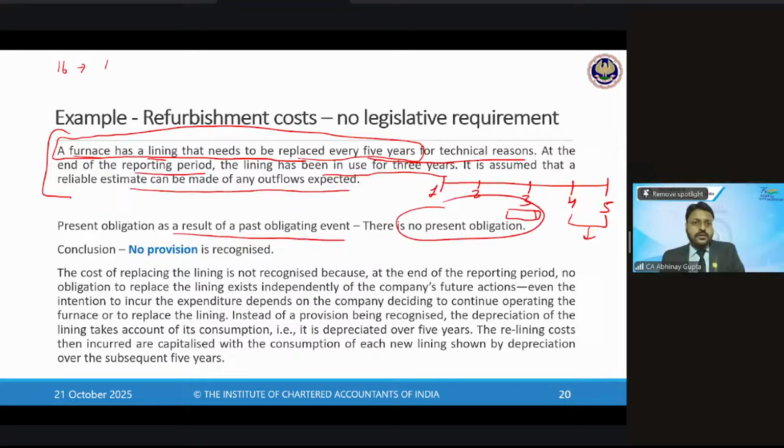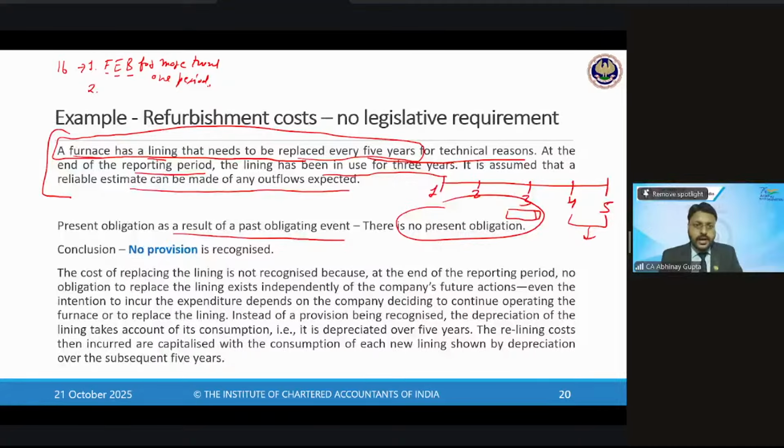That the future economic benefits are probable and the cost can be estimated reliably. Two criteria. Number one, future economic benefits for more than one period.